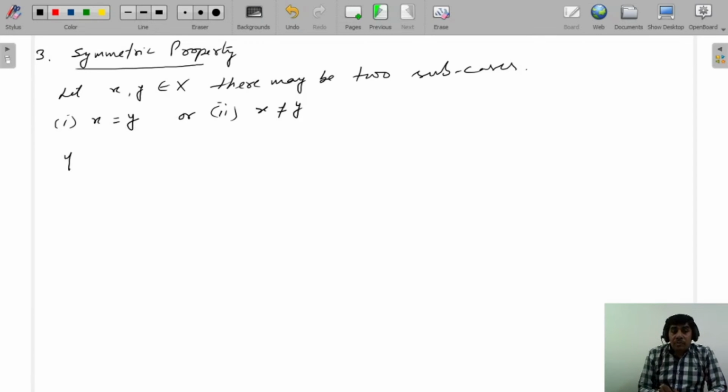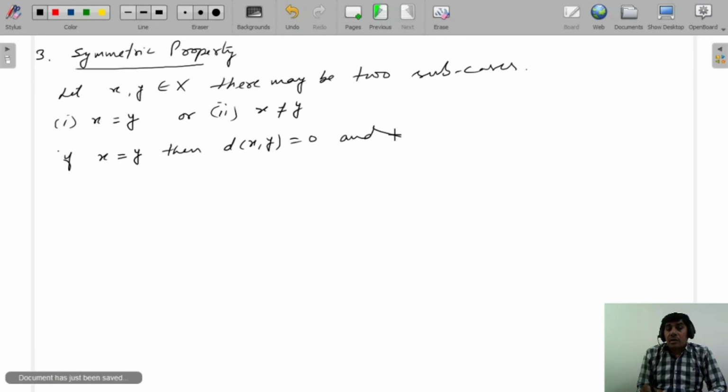If x is equal to y, then dxy is equal to 0 and dyx is also equal to 0.